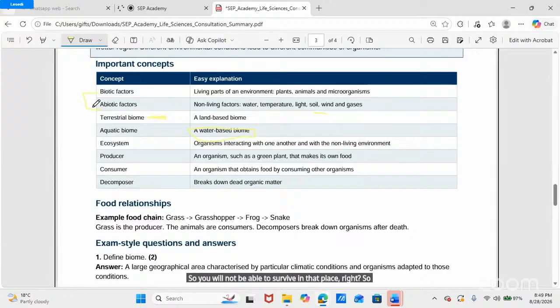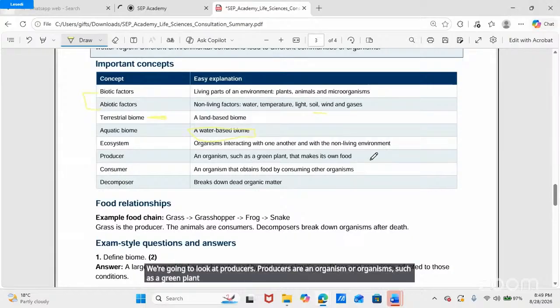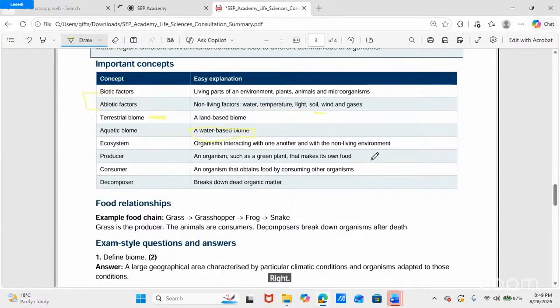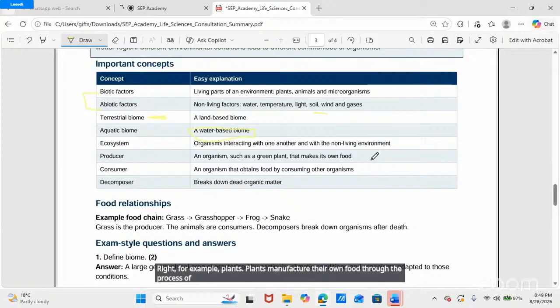So now we are going to look at producers. Producers are organisms such as a green plant that make their own food. A producer is simply something that can manufacture its own food, like plants, right? For example, plants manufacture their own food through the process of photosynthesis. And then when we look at consumers, we are consumers because after producers make their own food, we go ahead and eat that food.